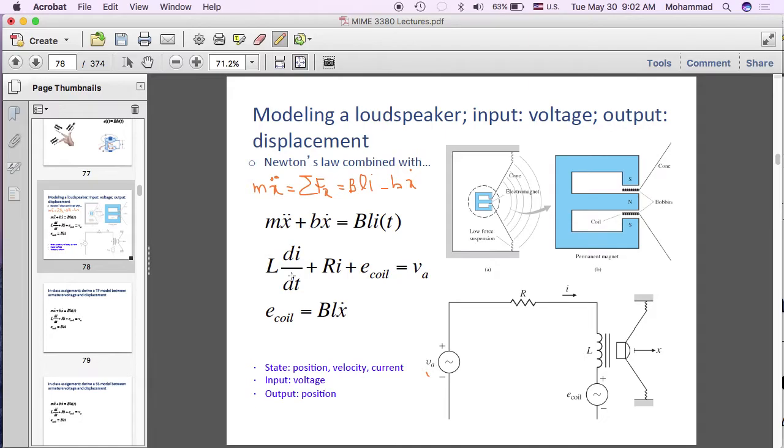So what are the state variables here? State variables, I'm going to use an underline so it's not mixed up with the position and velocity. So state variables are position, velocity, and current, like the case in DC motor.